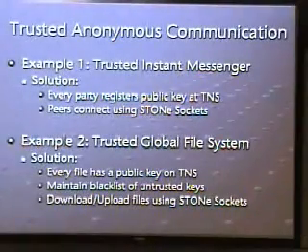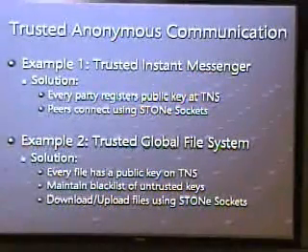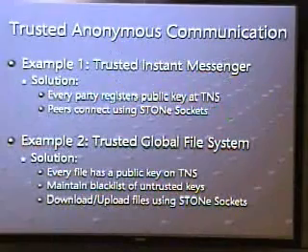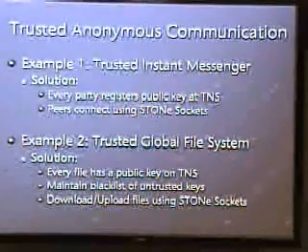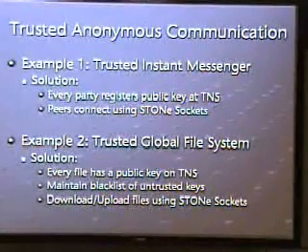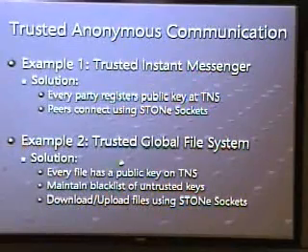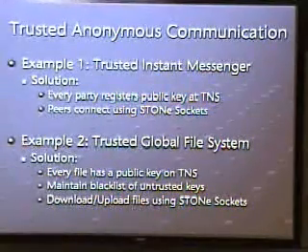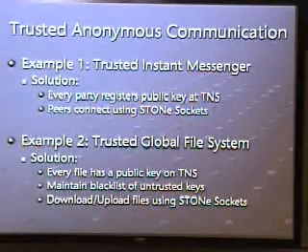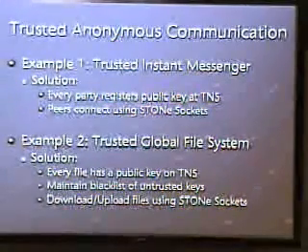So to solve these two problems, I've explained basically the instant messenger in this example. Every party registers a public key with a trusted name service, and the peers connect using the Stone sockets. And secondly, we have a trusted global file system where every file has a public key on the trusted name service.